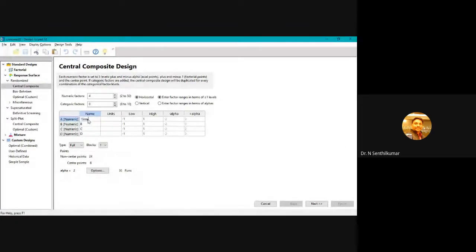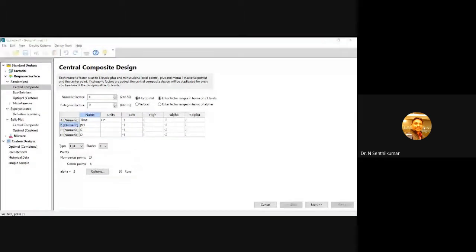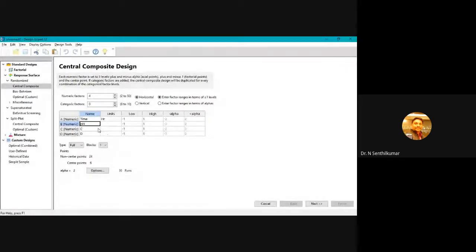The first factor is time. We have taken time in hours. Okay, the other things I will provide later. Then second one is pH. Then third one is dosage. And the fourth one is concentration.